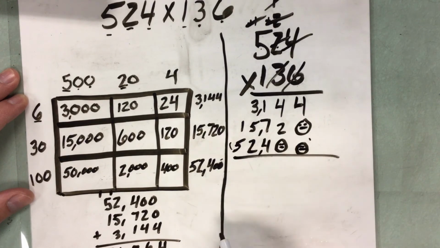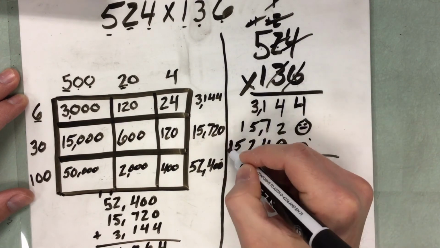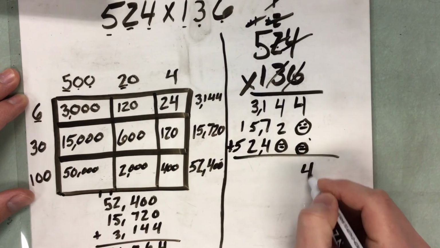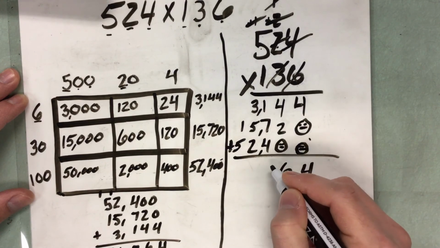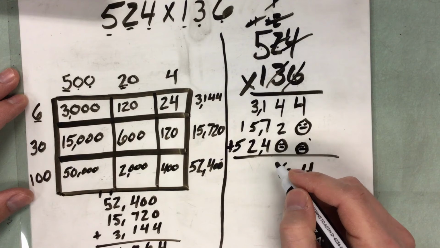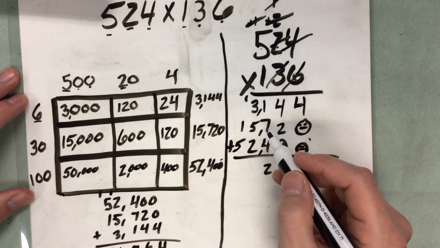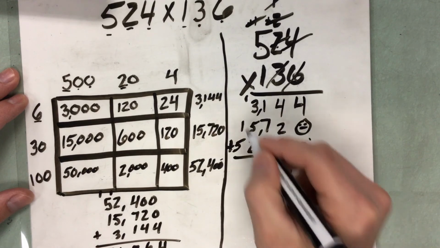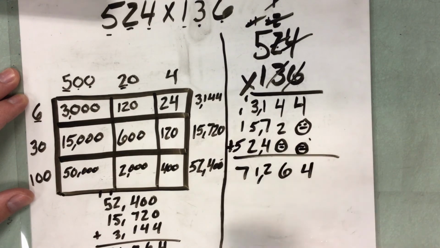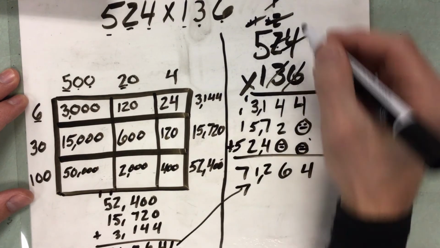It's right there. So let's go ahead and add now our partial products, and we should get the same answer that we got using our area model. 71,264. So we got the same answer here. That's our product.